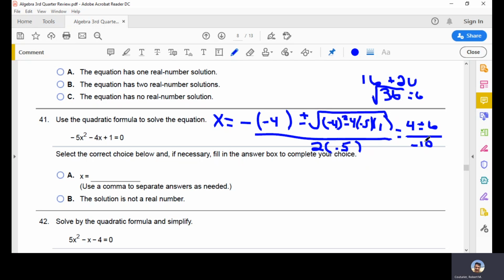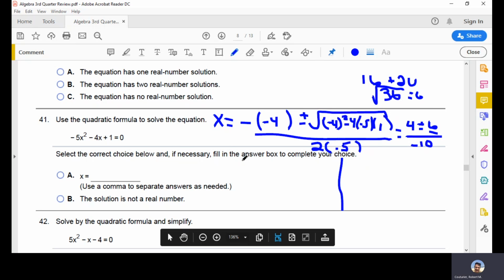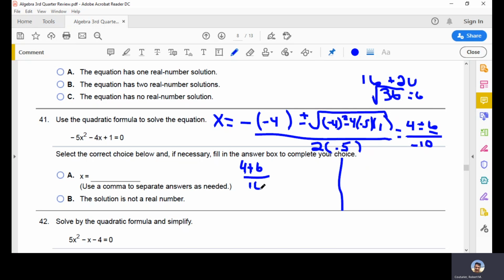If you remember, we have a plus or minus in there, and we have to represent this 6 as both a positive or a negative number. So we have to rewrite this equation. We'll have a 4 plus 6 divided by 10, and you'll have a 4 minus 6 divided by 10.